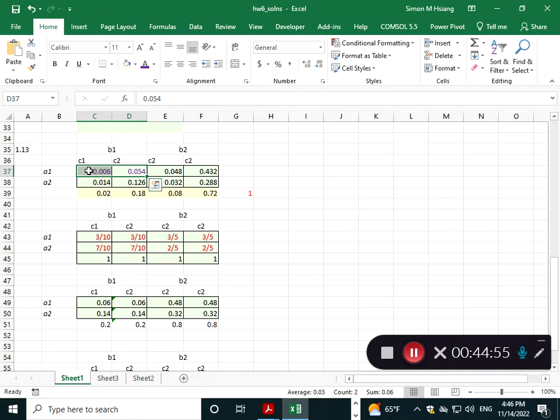Adding those 2 numbers together, regardless of C, this is the BA1 combination. Agree? And so BA1, no matter whether your C is C1 or C2, it's the same thing. And this is B2A1.